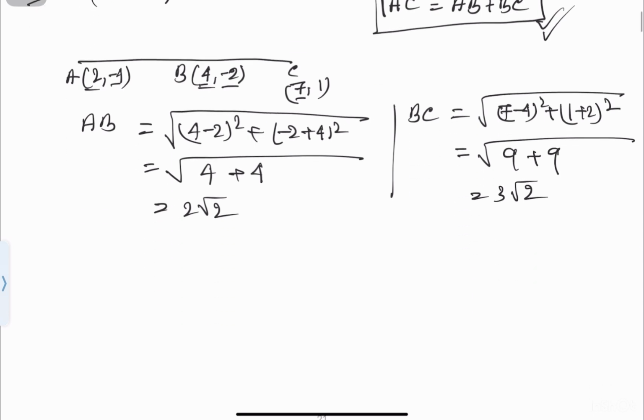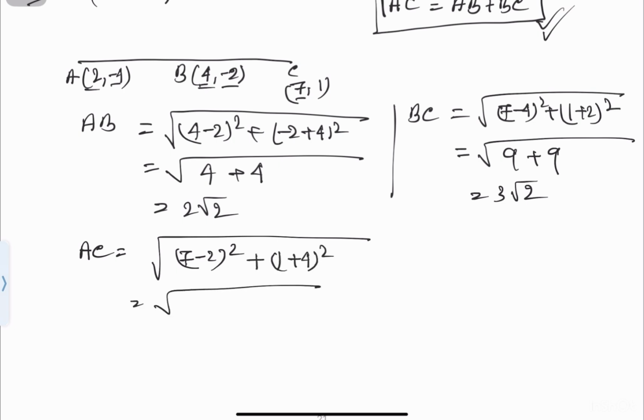Clear? Then find the AC value. Square root of 7 minus 2 whole square plus 1 minus of minus 4, that means 1 plus 4 square. This is 5 square 25 plus again 25, that means 5 root 2.